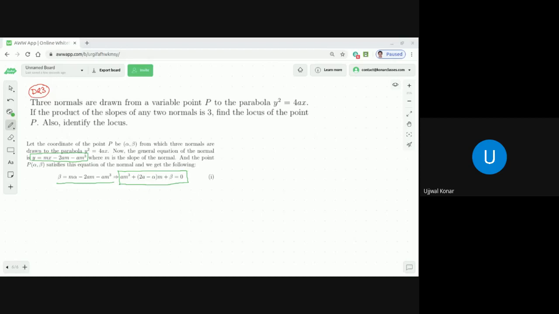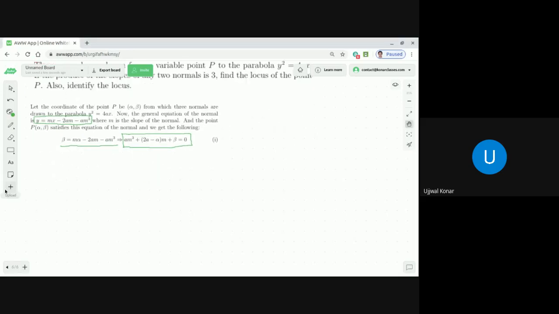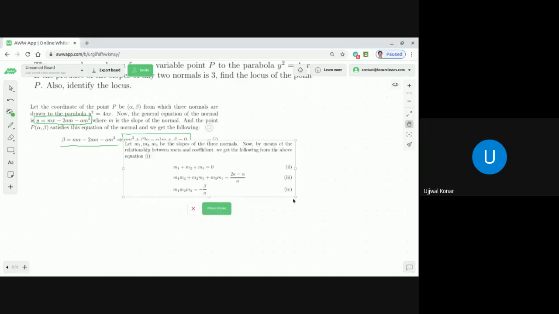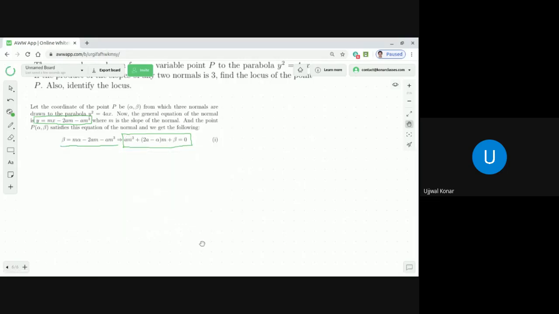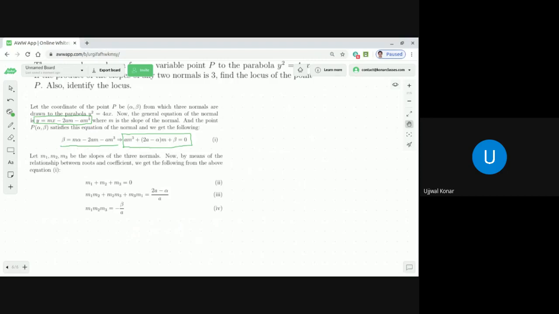So we get this, and here we are bringing the concept of algebra. Any smallest doubt, never hesitate to let me know. As you see, let m1, m2, m3 be the slopes of the three normals.